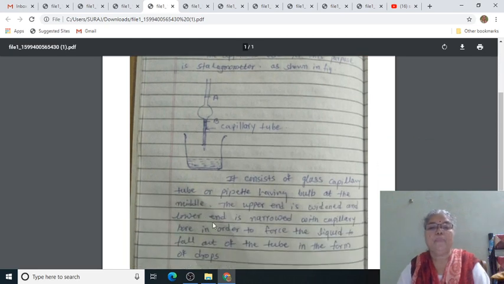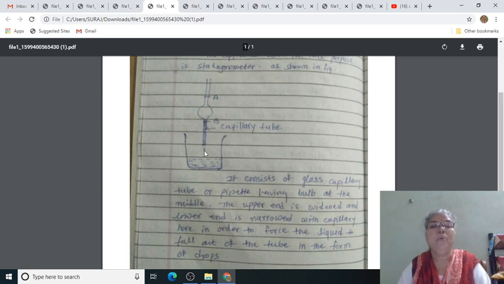Here this stalagmometer is nothing but a glass capillary tube or pipette having a bulb at the middle. The upper end is widened and lower end is narrowed with capillary bore in order to force the liquid to fall out of the tube in the form of drops.